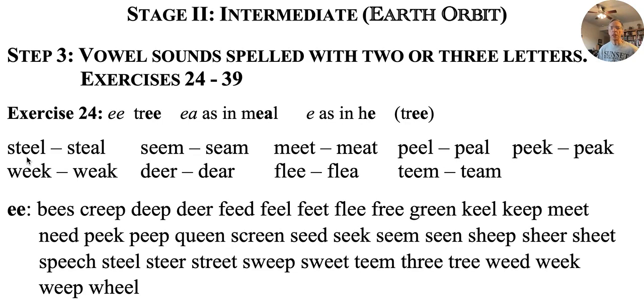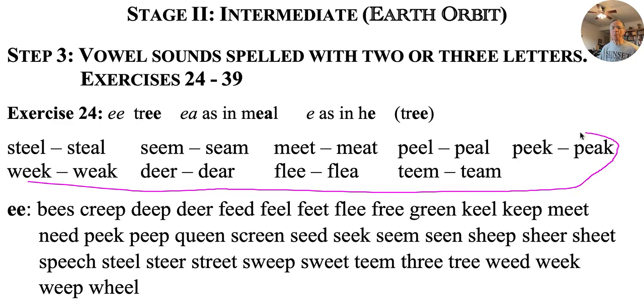These words here at the top are an introduction to exercise 24, where we'll be looking at the words that are going to be on your timed exercise. So here we go. The first one is steel, steel. Wait a minute, same sound, long E.